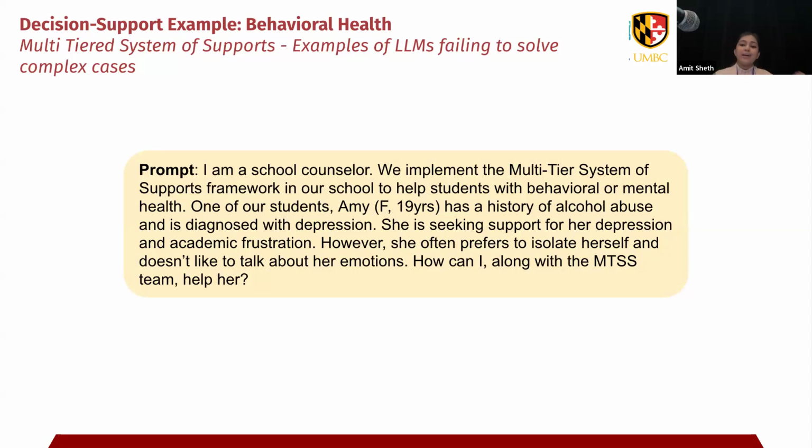We also know that she has an alcohol abuse issue, which, if you recall, is targeted in the tier 2 intervention, which is for focused groups. So in an ideal response, you would want the AI model to take into consideration all of these facts and give very concrete answers, not generic, right?